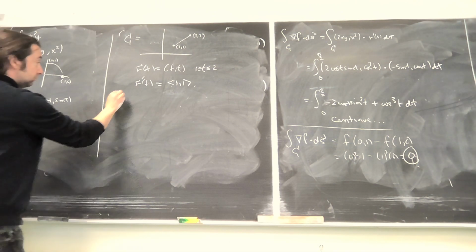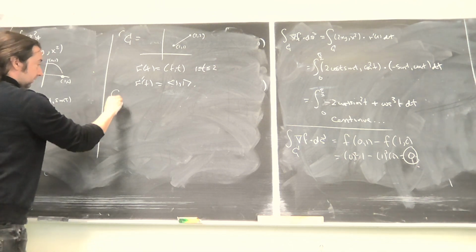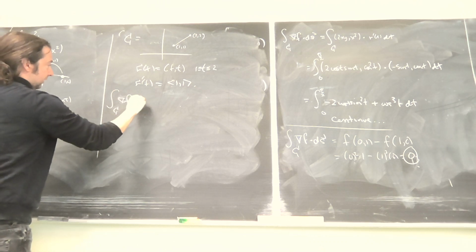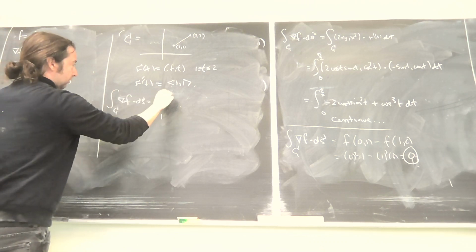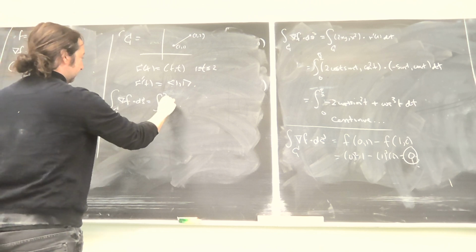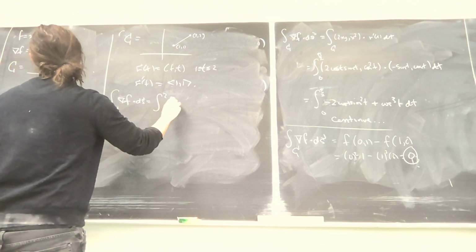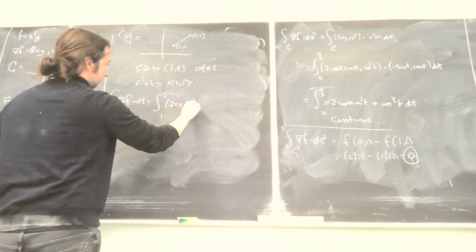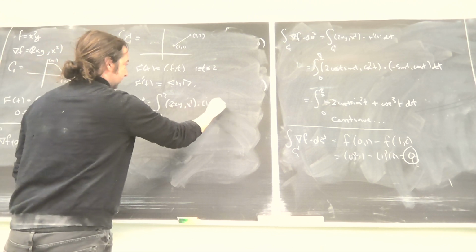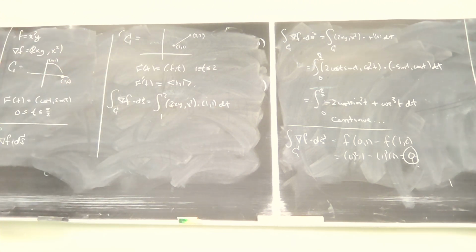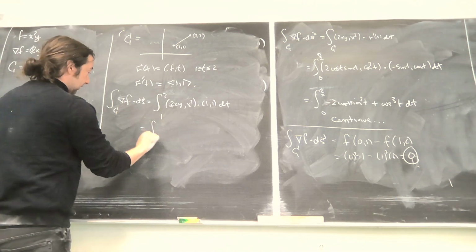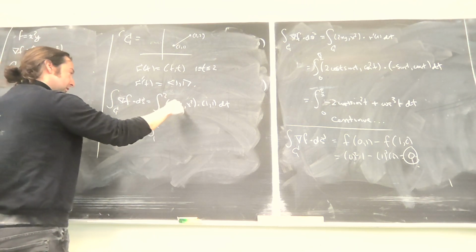The integral over the curve of the gradient of f dotted with ds would be equal to the integral from 1 to 2 of (2xy, x squared) dotted with the vector (1, 1) dt, if we are doing it the parameterization way. Well, I better plug in the x and y values.